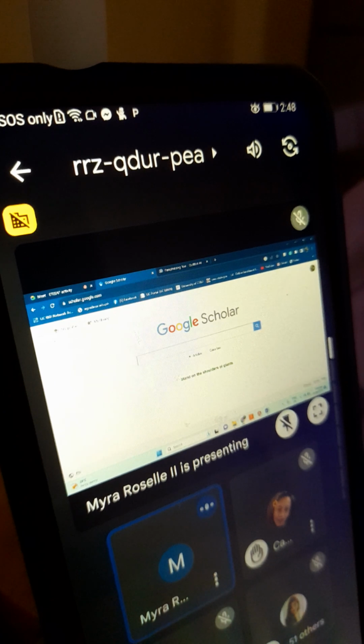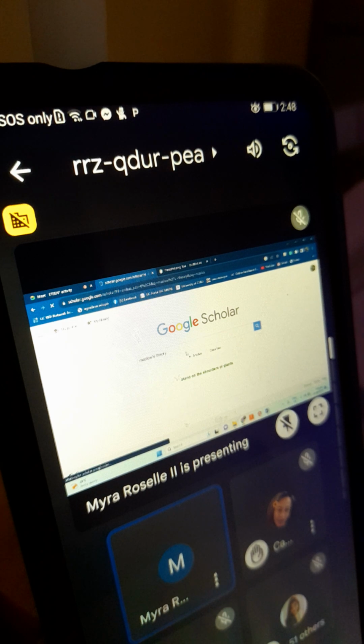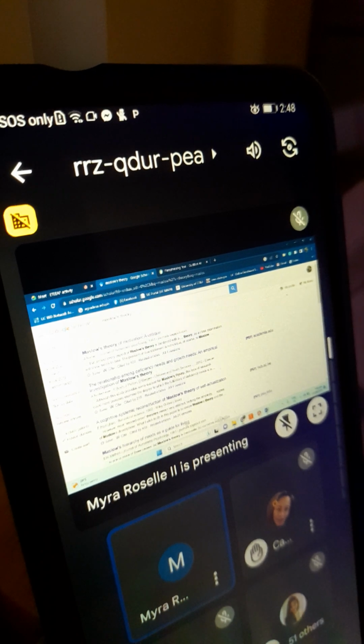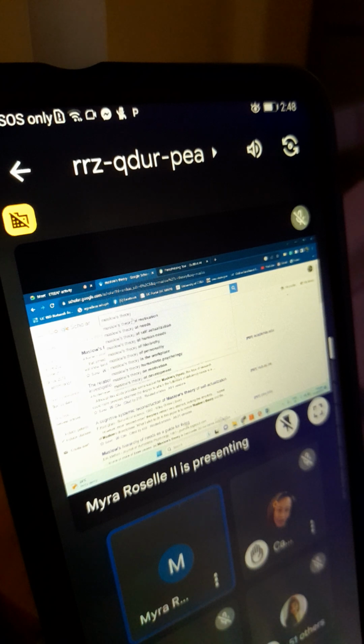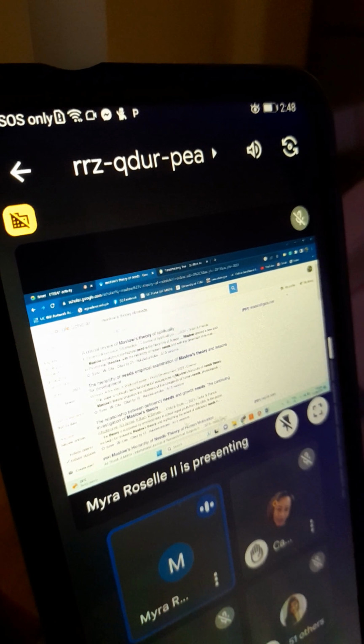Okay. So here, Maslow's theory of needs. This is for BSBA. Custom range, 2019 to 2023, enter. Your citations must be within the last 5 years.